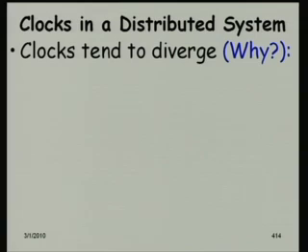Now the clocks in a distributed system, they tend to diverge. There are clocks across different nodes and they tend to diverge. Why do they diverge? Anybody has an idea? Because of environmental conditions like temperature, pressure. Sorry? Error in the clock. I mean, what do you mean by error in the clock?